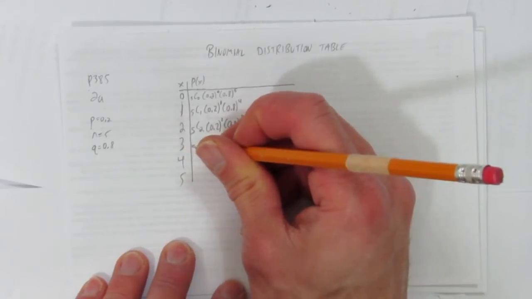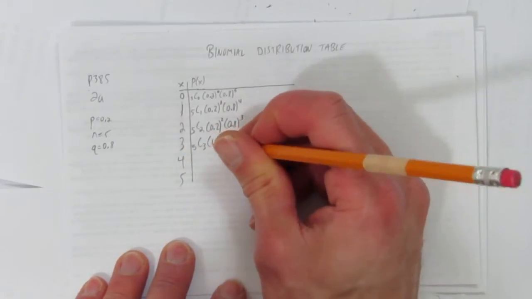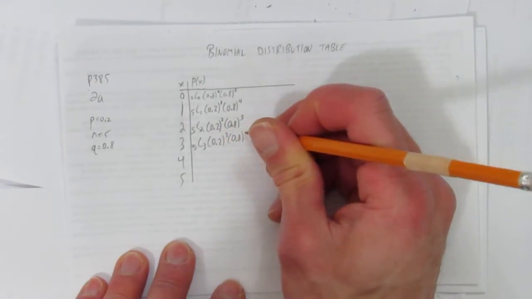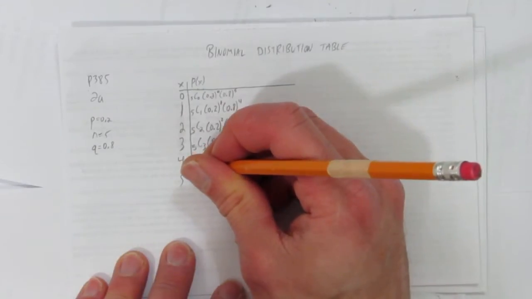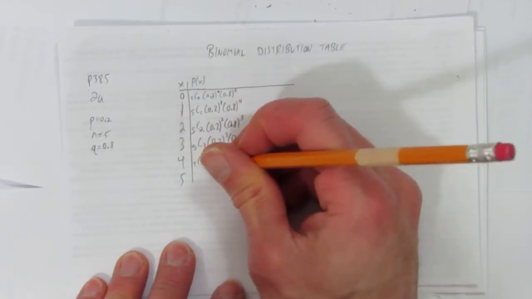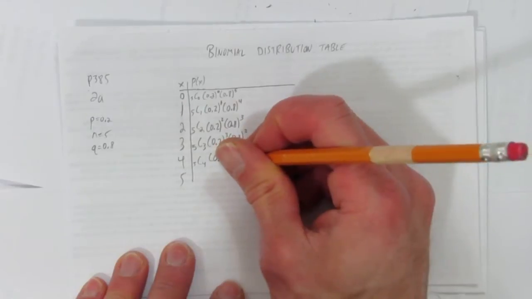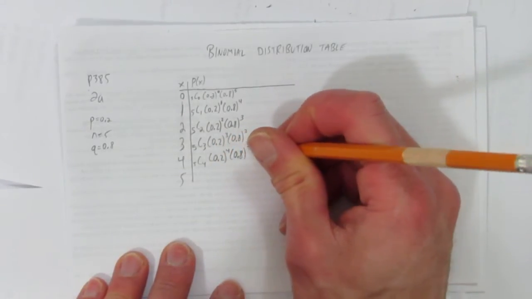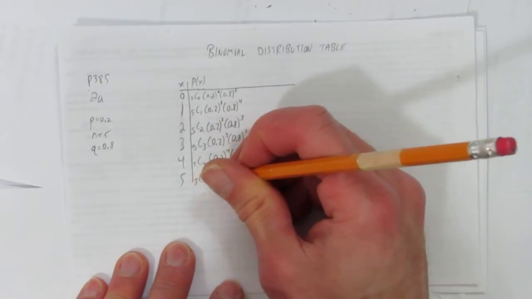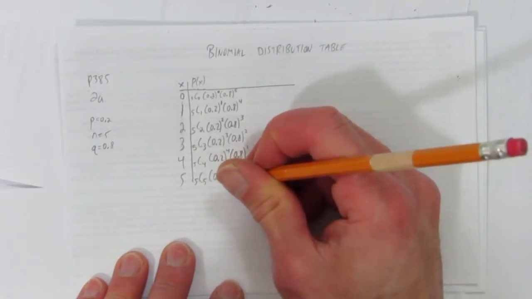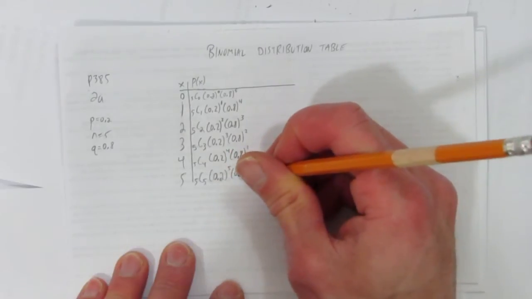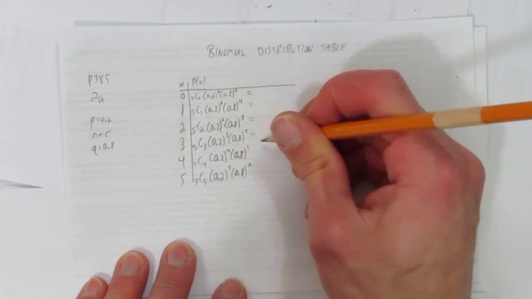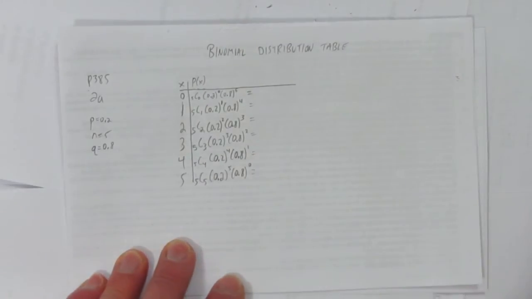That means of your 5 trials, choose 3 of them to be successful, which means your 20% happens 3 times, and your 80% failure happens twice. How about your 4 successes? That's 5 choose 4 of them to be successful, 0.2 happens 4 times, 0.8 happens once, and finally 5 choose 5, and the 0.2 happens all the time. There's 0 failures. And now we just have to calculate all those probabilities using a calculator.